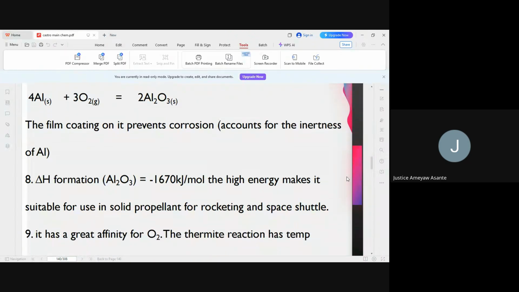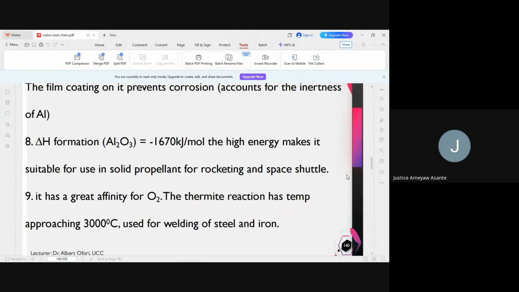That's why aluminum finishes are preferred in coastal areas. It prevents rusting from occurring. Its heat of formation is about negative 1670 kilojoules per mole. The high energy makes it suitable for use in solid propellant for rockets and space shuttles.